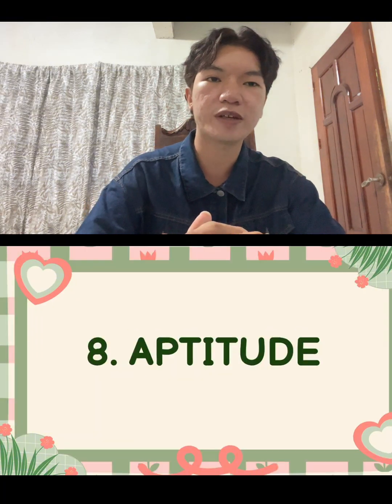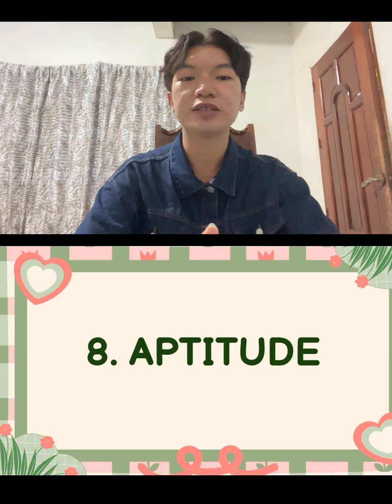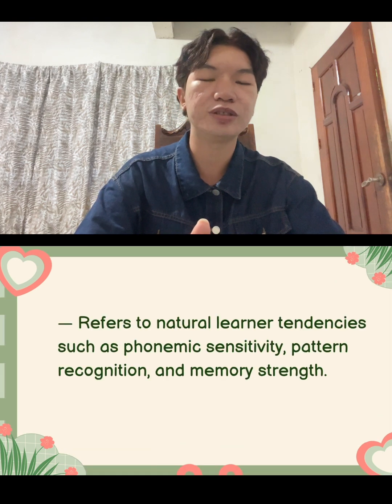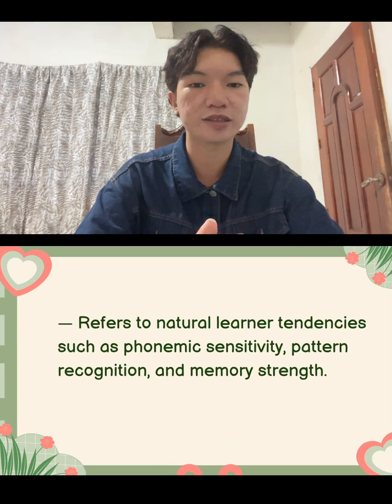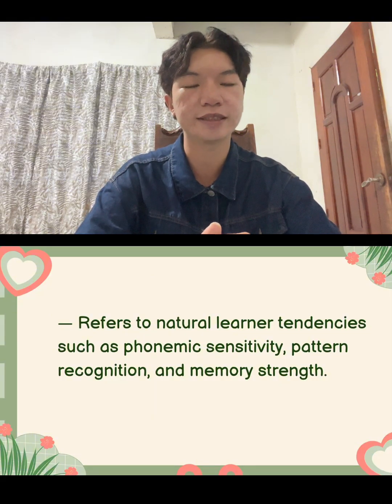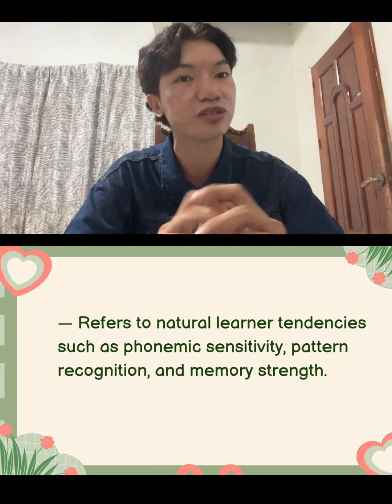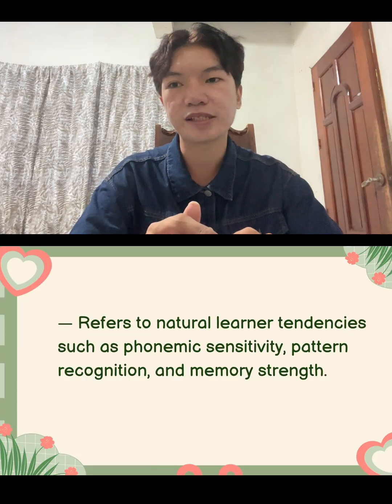So next up we have aptitude. What we mean by aptitude is the natural learner tendencies such as phonemic sensitivity, pattern recognition, and memory strength. So it has something to do with the natural skill of a certain student.